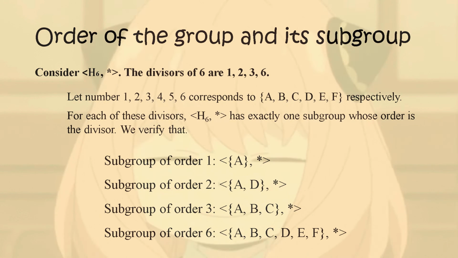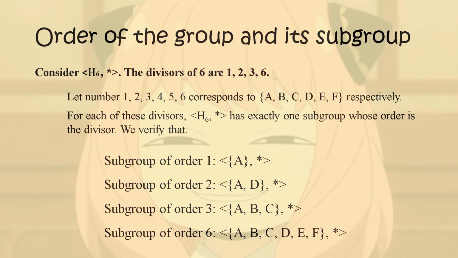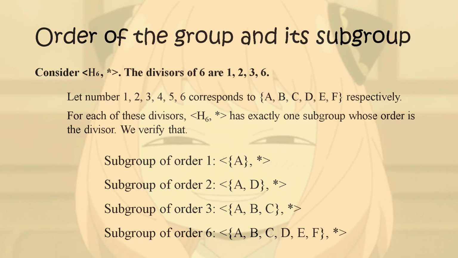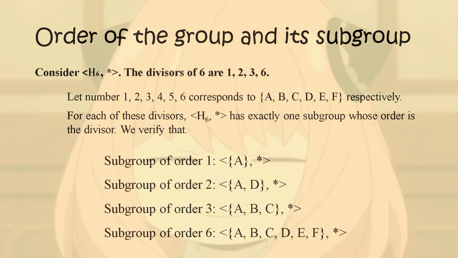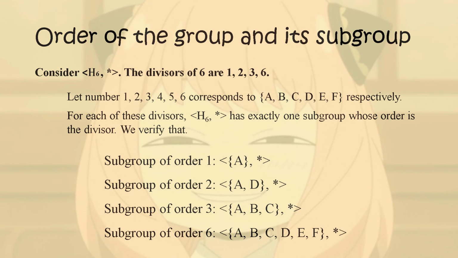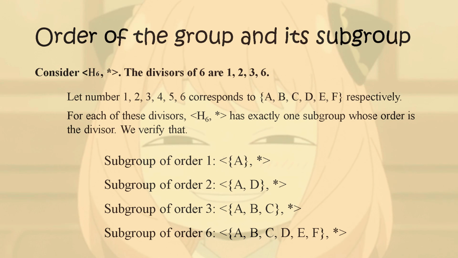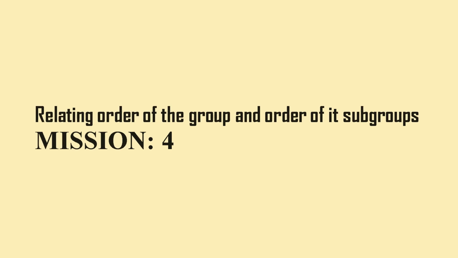And in order 6, we have 6 elements in the set. Therefore, we can identify the number of the subgroups and the number of the elements inside the subgroups by first determining the divisors of the order of the group. Mission complete.